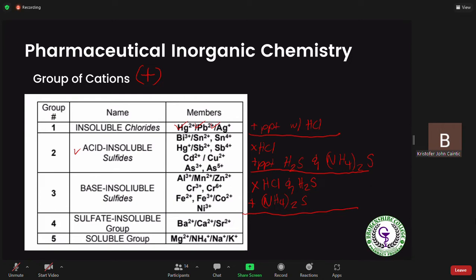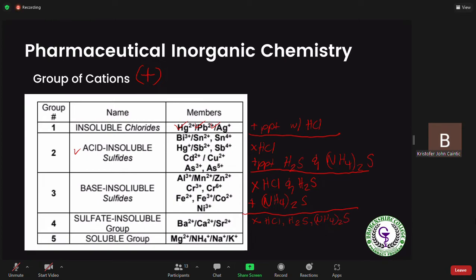While your group number 4, your sulfate insoluble group, does not form a precipitate with the following: hydrochloric acid, hydrogen sulfide, and ammonium sulfide.